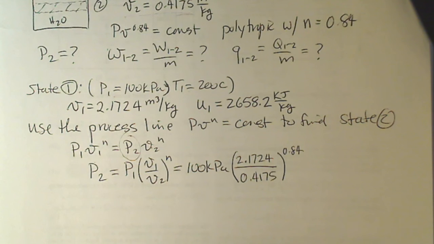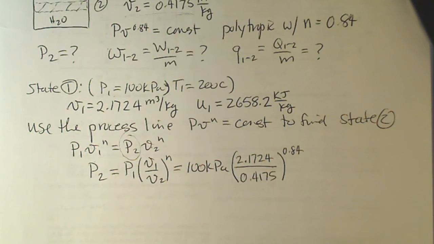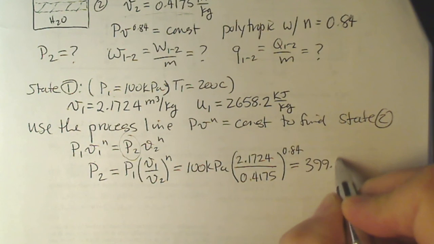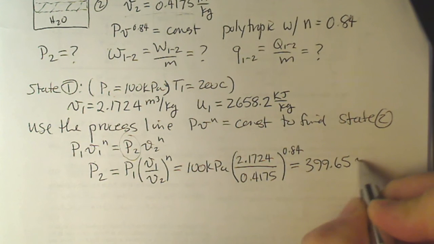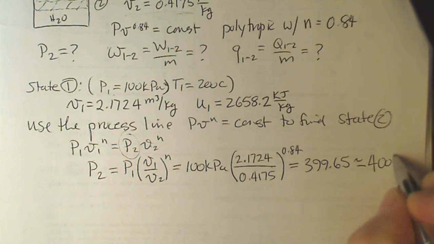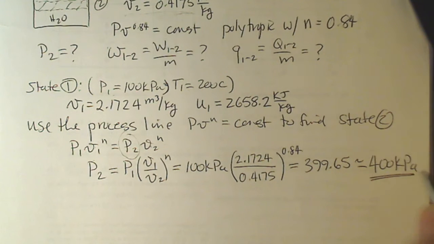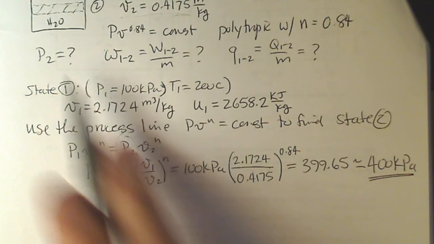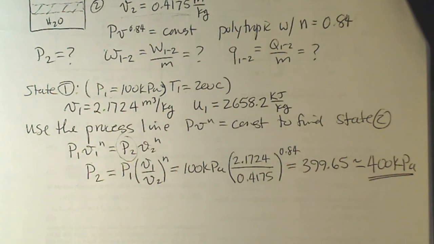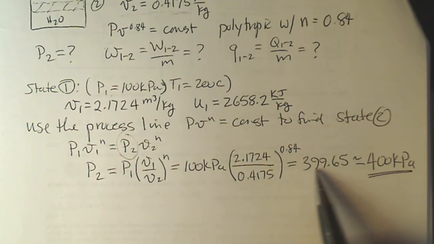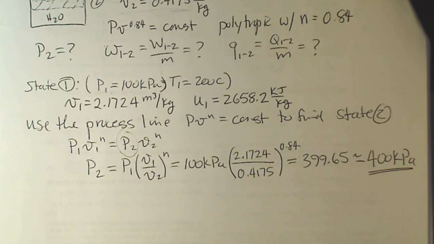When I multiply that times 100, I get 399.64. By contrivance, this is really 400 kPa, right? So the answer to this first question, what is the final pressure? The result of 400 kPa is what I would report, 399.65. Let's call it 400.